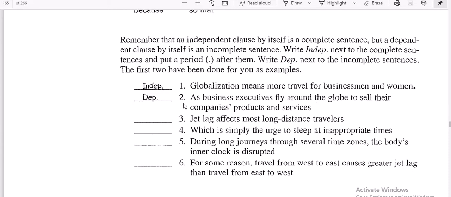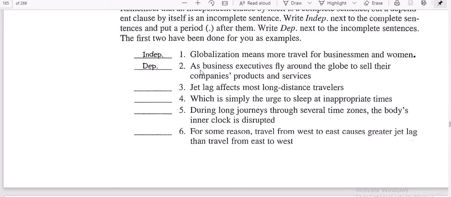Independent. In the second example, as business executives fly around the globe to sell their company's products and services.